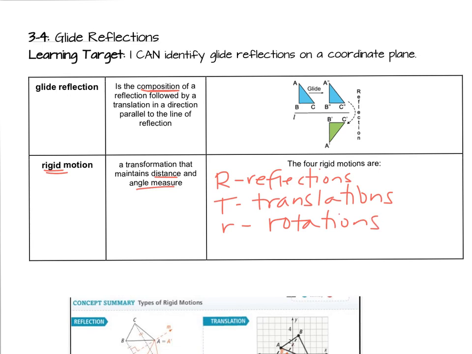So glide reflections being that composition, if you recall back in translations, we had that open circle. That's going to represent a glide reflection, and they can be written in either order.